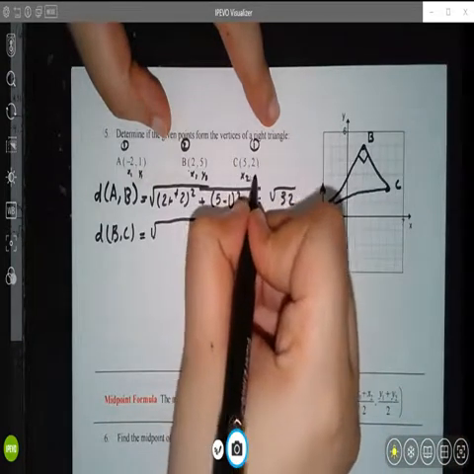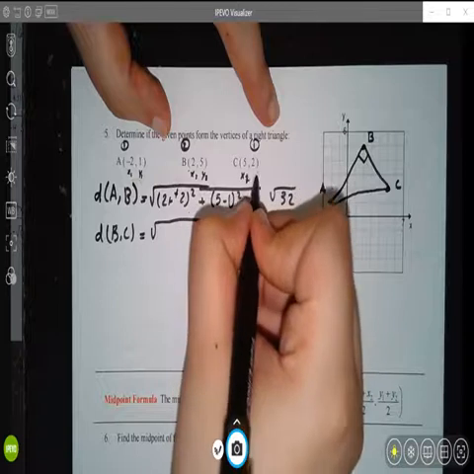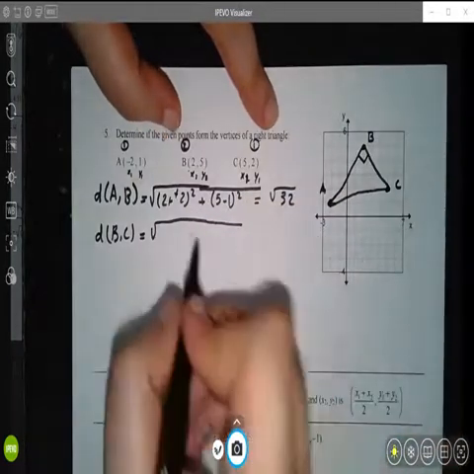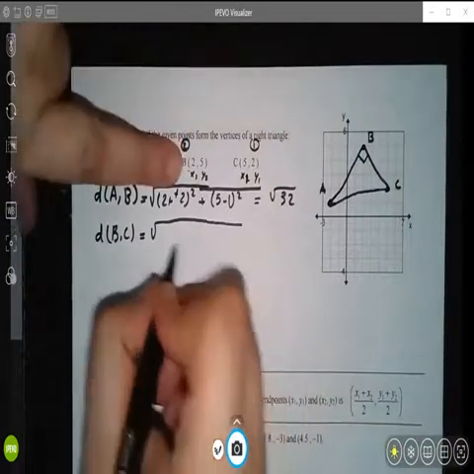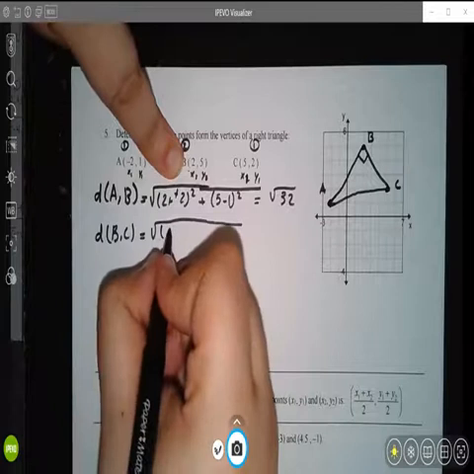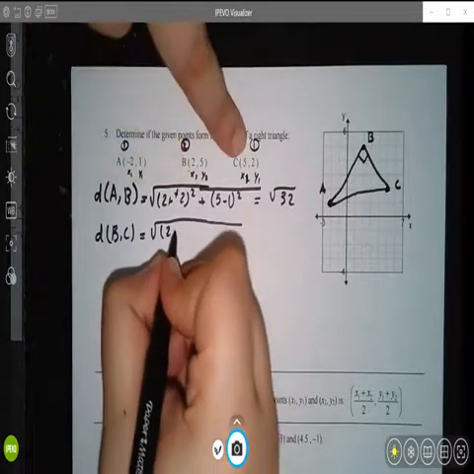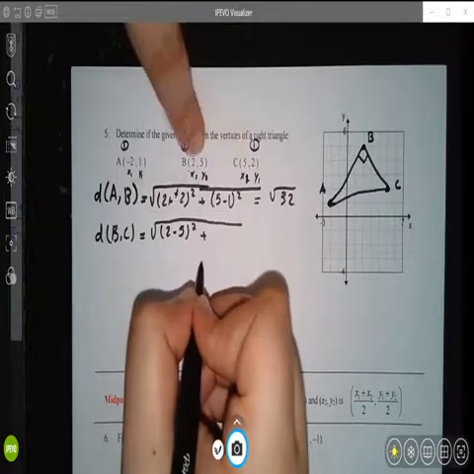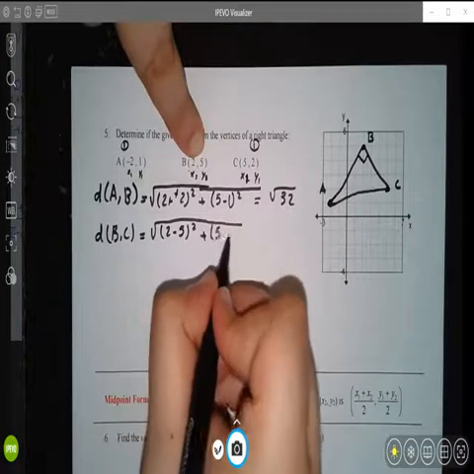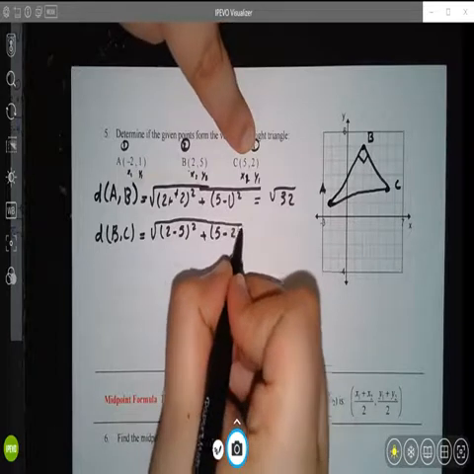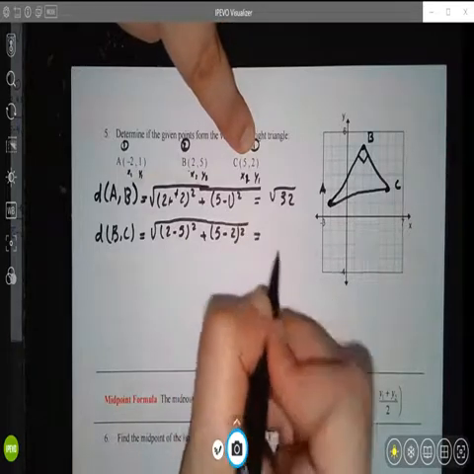So, oh, sorry, it's 1. X1, Y1. Okay. So, X2, which is 2, minus X1, which is 5 squared, plus Y2, which is 5, minus Y1, which is 2 squared.